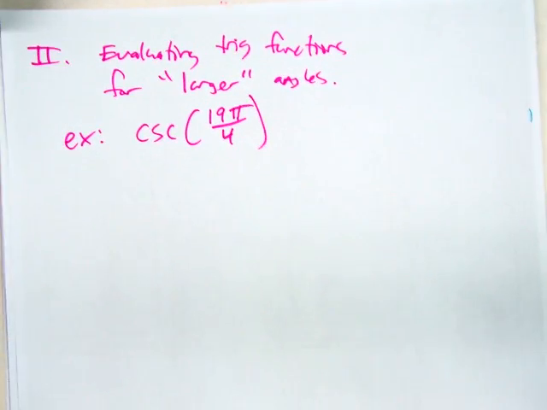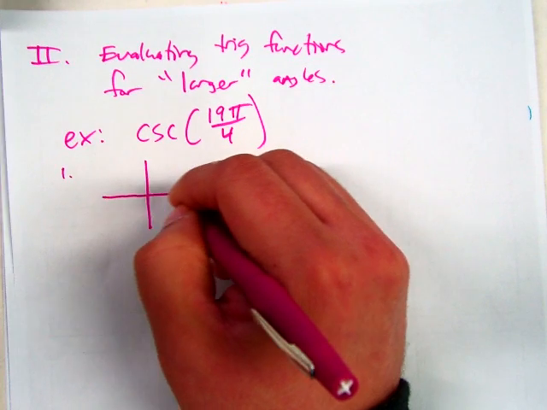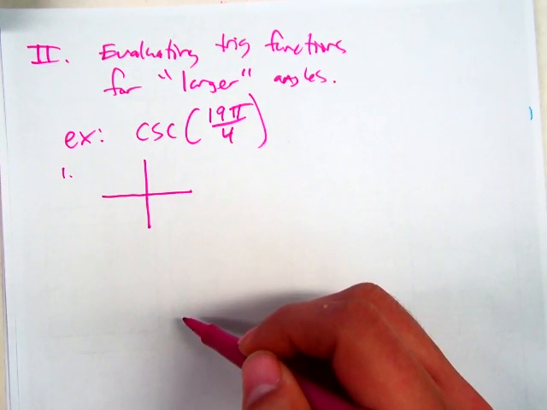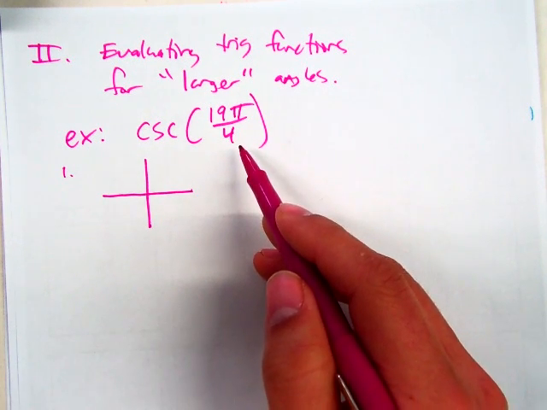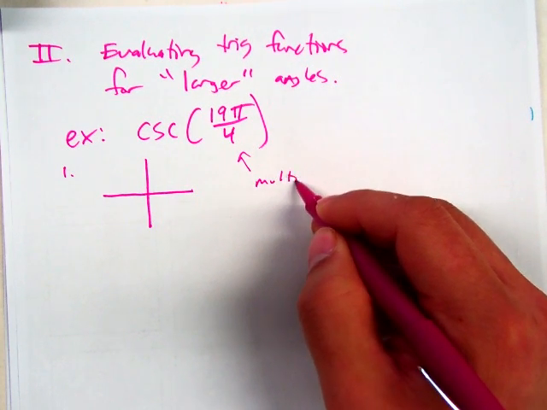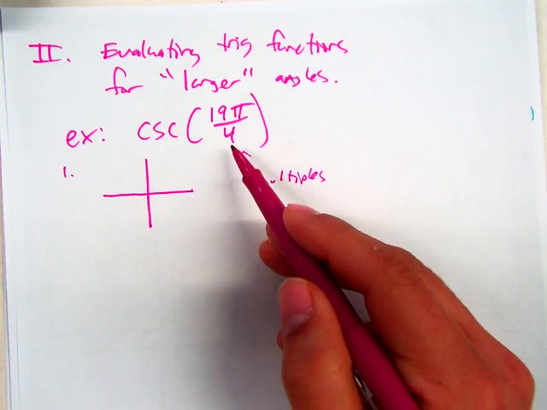So your thought process should be as follows. First, where is 19 pi over 4? You don't have to actually draw it, but just figure out what quadrant it's going to be in. The easiest way to do that is to think in terms of multiples of 4. We start with 4.